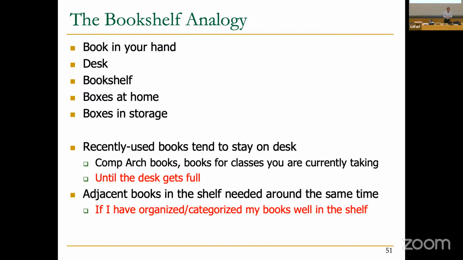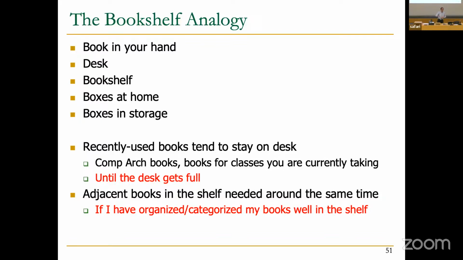And then you're streaming through your computer architecture books, for example, right? Of course, this only works if you organize your data nicely, such that you can stream through it. If your computer architecture books are randomly located in your bookshelf, this is not going to work nicely. You won't have the spatial locality principle. You'll be randomly accessing things, even though logically the books are related to each other. So this indicates the importance of the data mapping, basically.